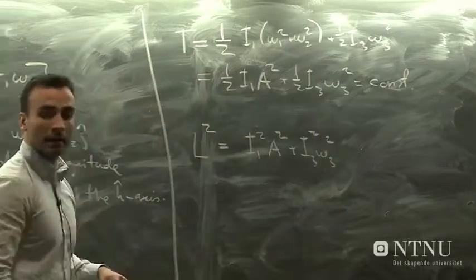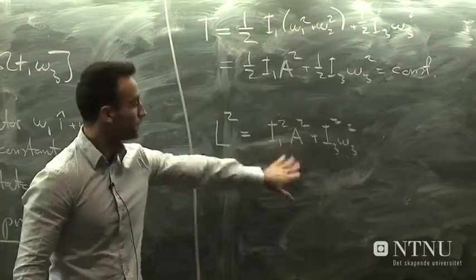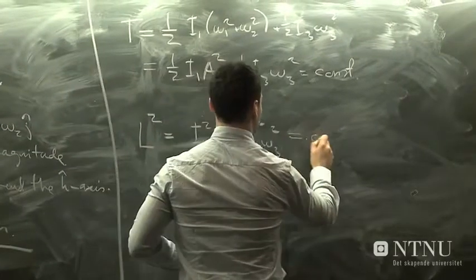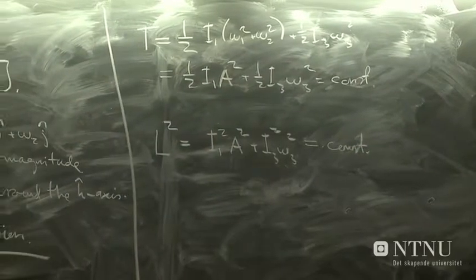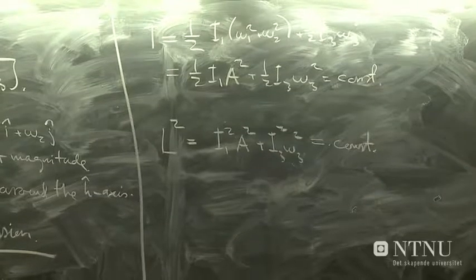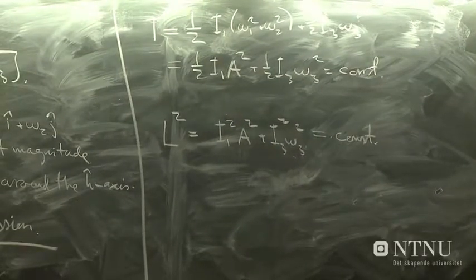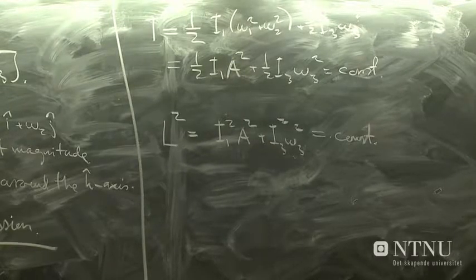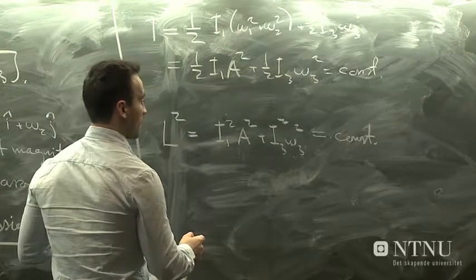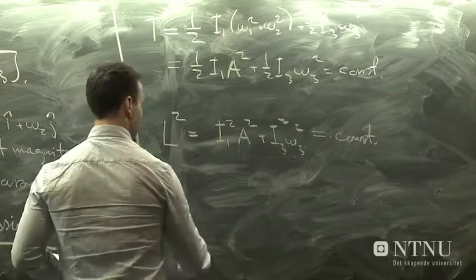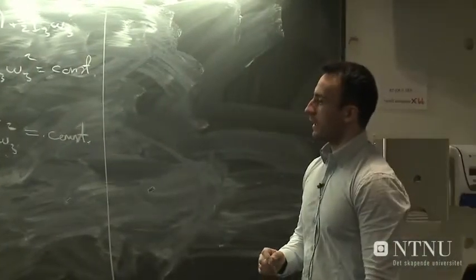Like this, where I've again used that cosine squared plus sine squared is 1. And so this is also a constant. So that looks good.